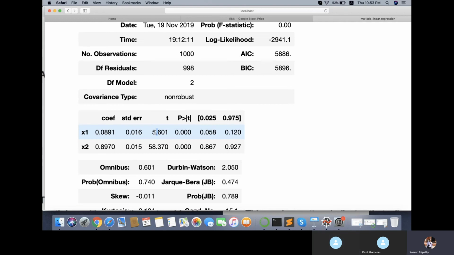So here the t-test is done to check individual elements, how each of the features is contributing towards your dependent variable. How many features do we have in our data? Two features, math and read. Math is x1, read is x2.